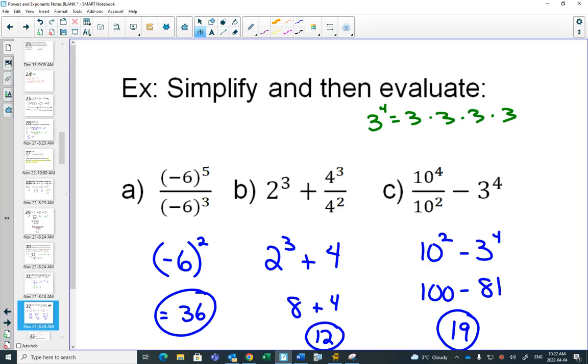The easier way to do 3 to the 4 is to circle these and say, it's pretty easy to do 3 times 3. That's 9. And so this is just the same as 9 times 9. And that's a lot quicker than doing 27 times 3. And you get 81 that way.